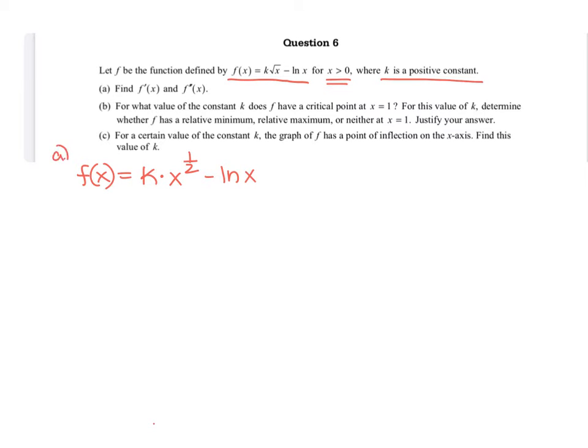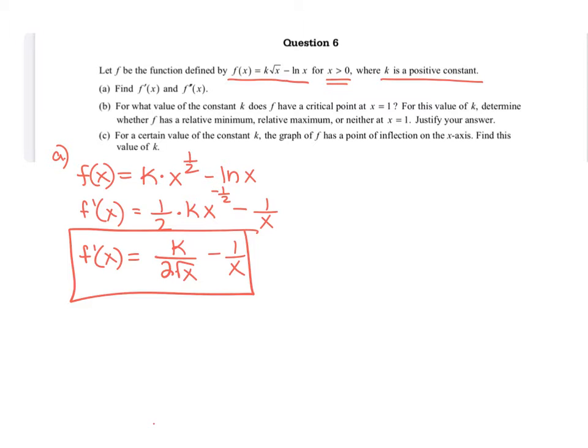So for part A, my first derivative, use your power down, so you'll have 1/2 times k, x to the 1 less than that, negative 1/2. And the derivative of ln of x is just 1 over x. And I will go ahead and simplify this, which gives me k over 2 square root of x minus 1 over x.